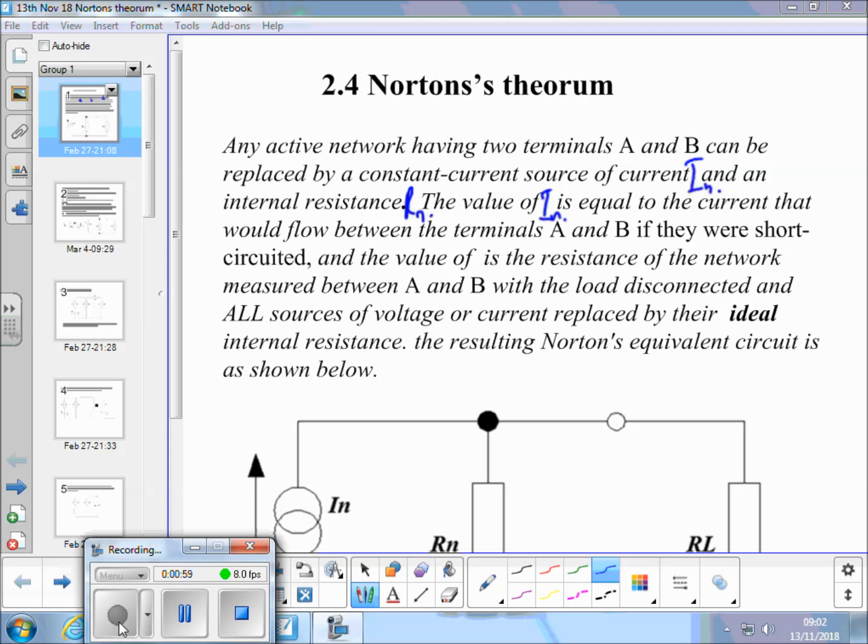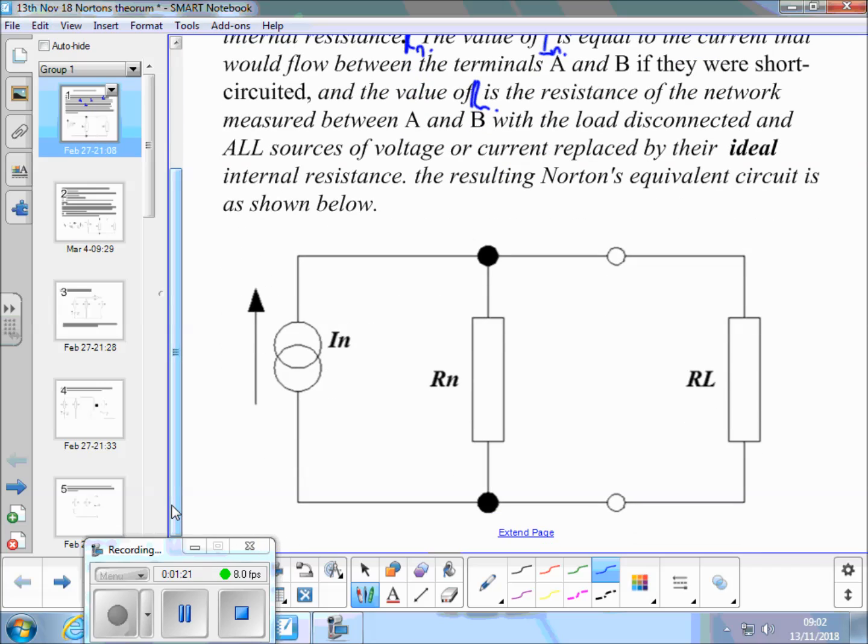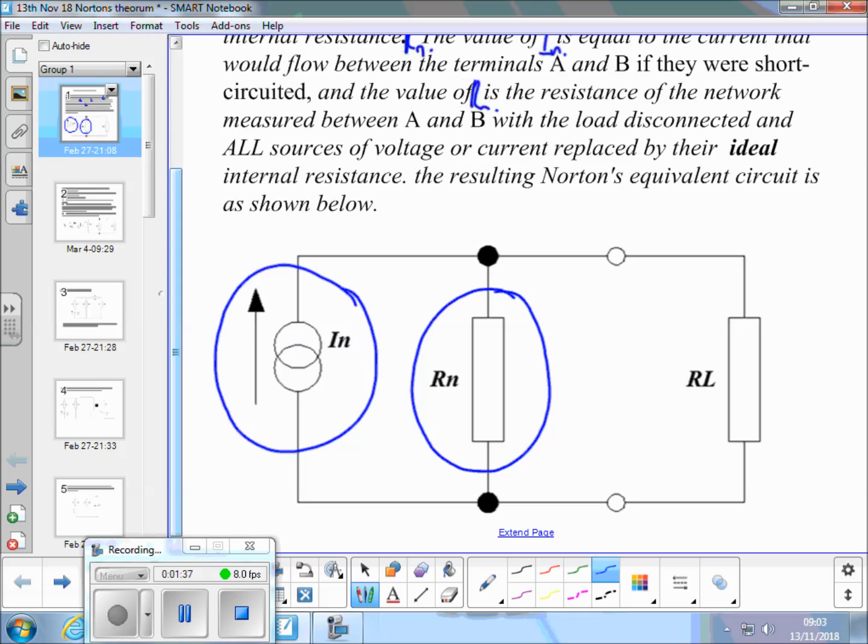and the value of the resistance Rn is the resistance of the network measured between A and B with the load disconnected and all sources of voltage or current sources replaced by that ideal internal resistance. The resultant Norton's equivalent circuit looks like that below. So we have a current source there that's equal to the short circuit current that would flow at the terminals A and B, and we have Rn in parallel this time for the Norton circuit.